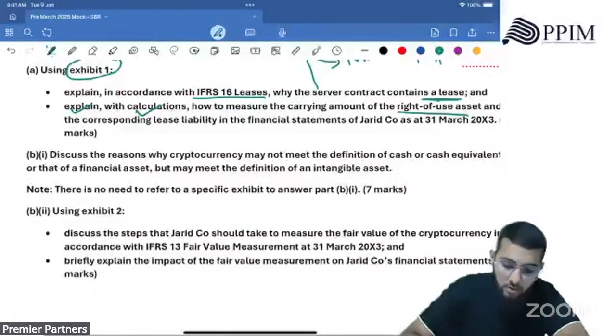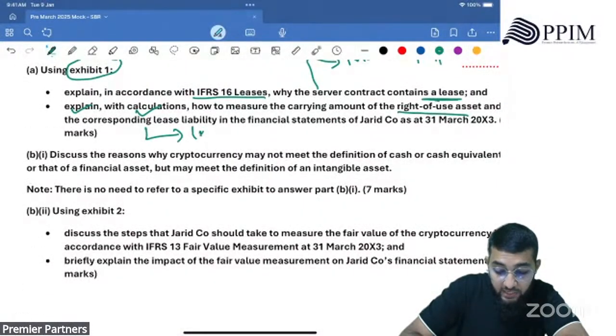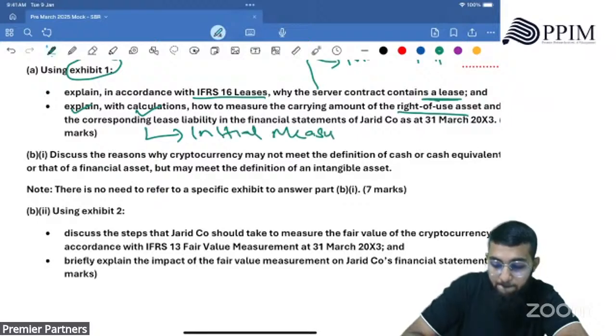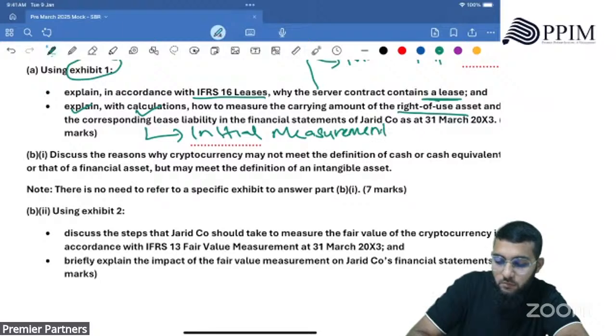So remember, you're supposed to bring initial measurement as well as subsequent measurement. Why?